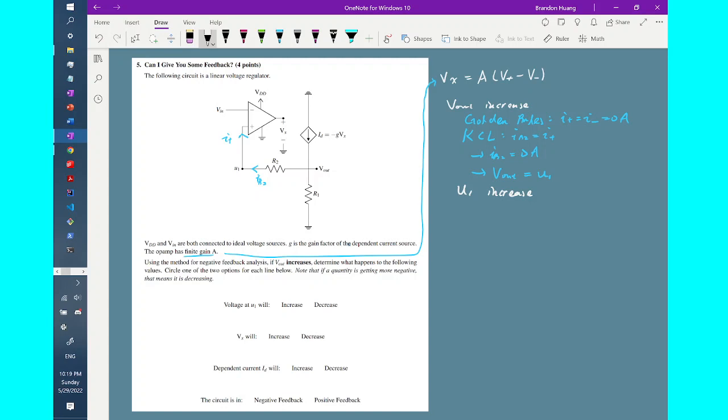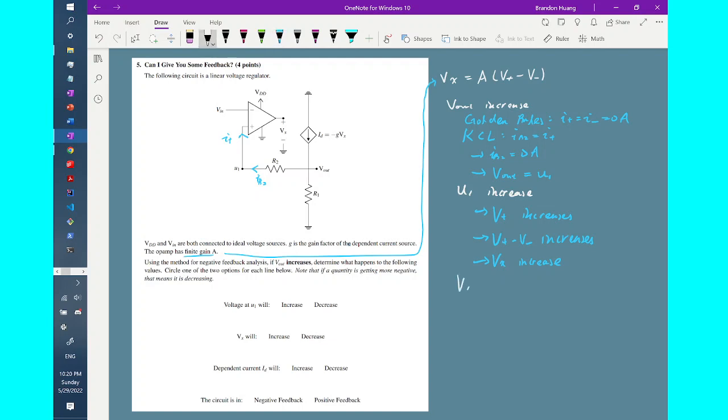If U1 increases, then V+ increases. If V+ increases, the value of V+ minus V- increases, and thus Vx increases, given that this op-amp gain should be a positive finite number, and Vx is equal to this gain times (V+ minus V-).